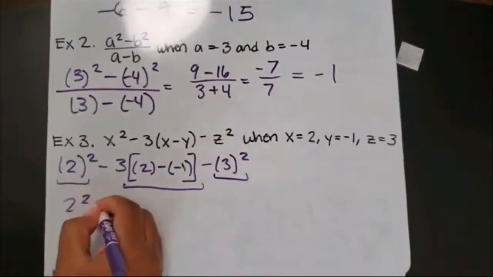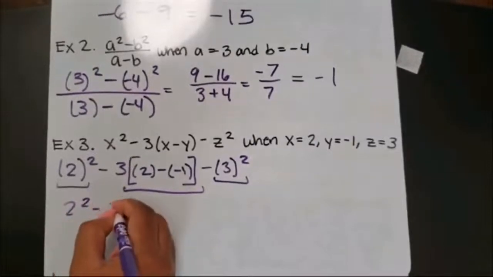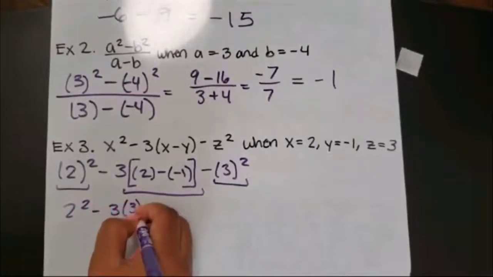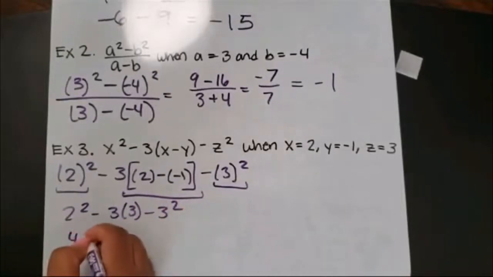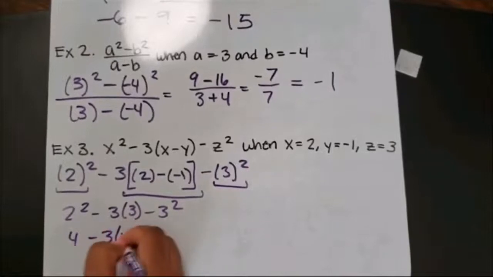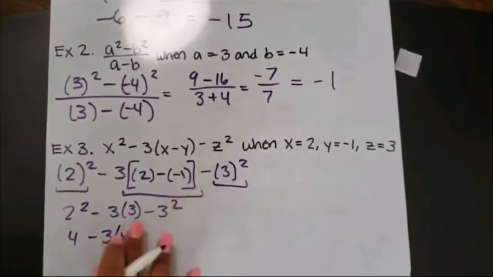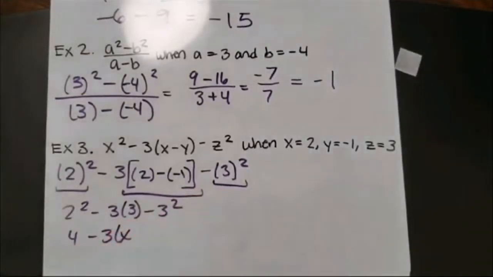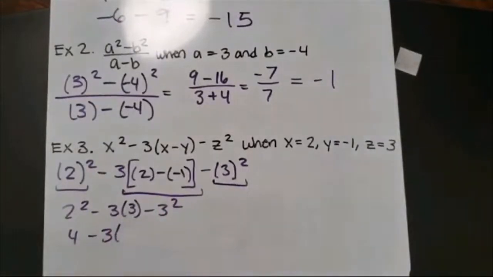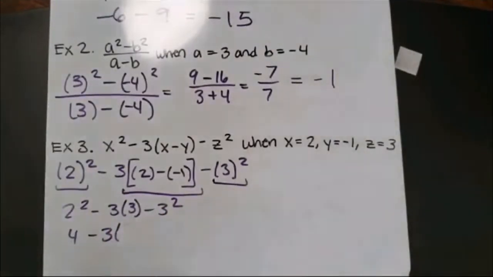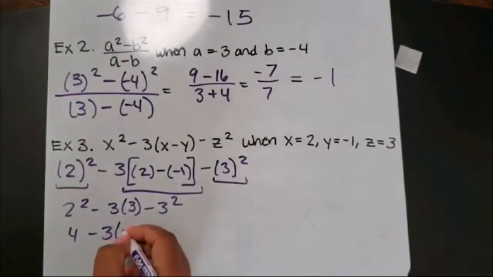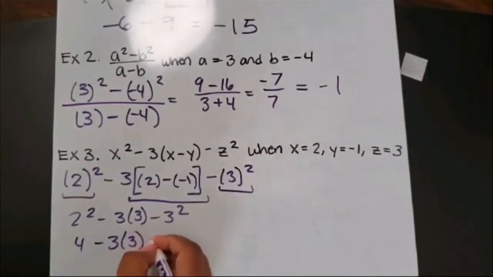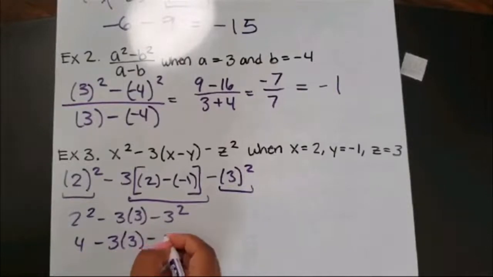So we can rewrite this. We have 2 squared minus 3 times 3 minus 3 squared.